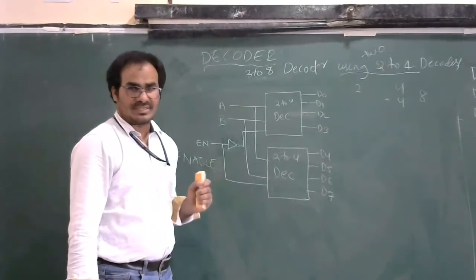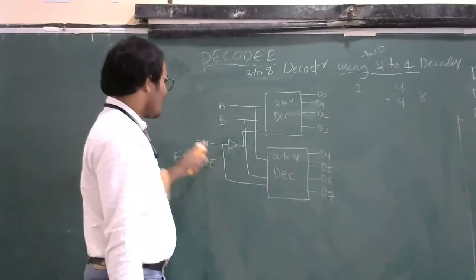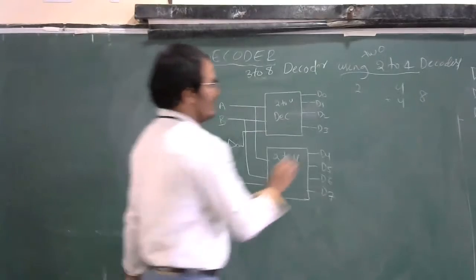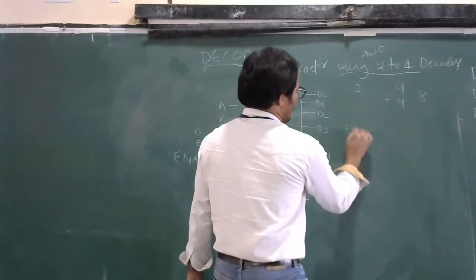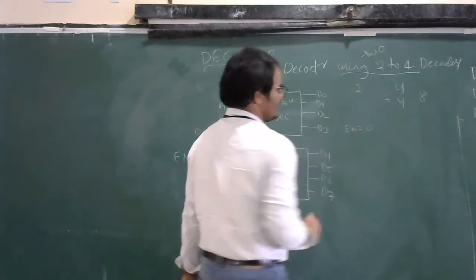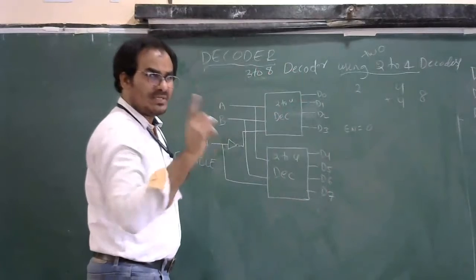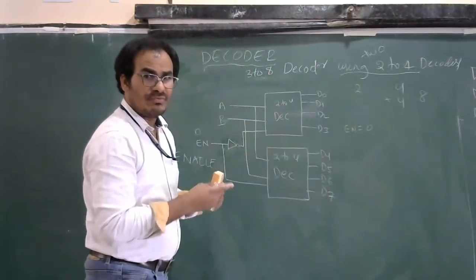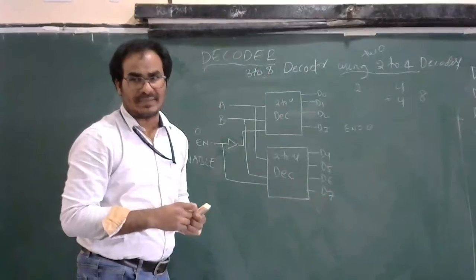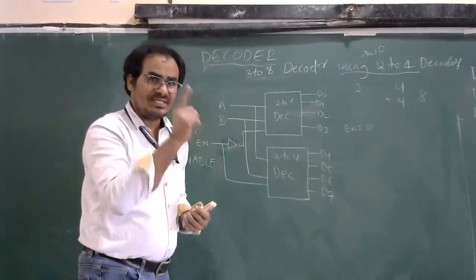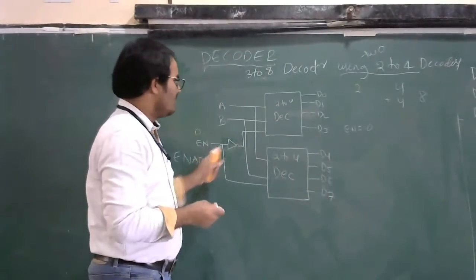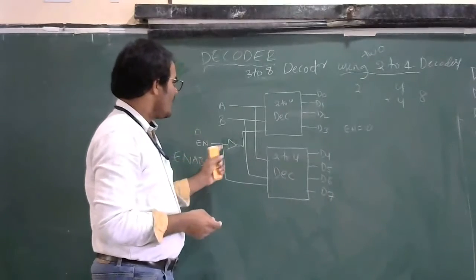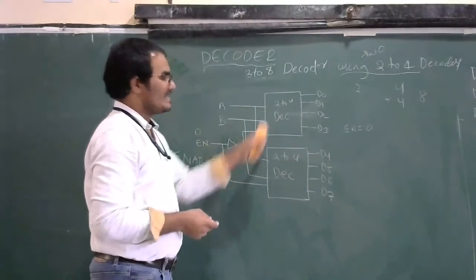Then let us see the logic. By chance, if the enable input is 0, what is happening? Here, how many AND gates do we have? 4 AND gates, if you remember the logic diagram. To each of the AND gates, the enable input is connected. If 0 is the enable input, the complement of 0 is 1, so 1 is connected.